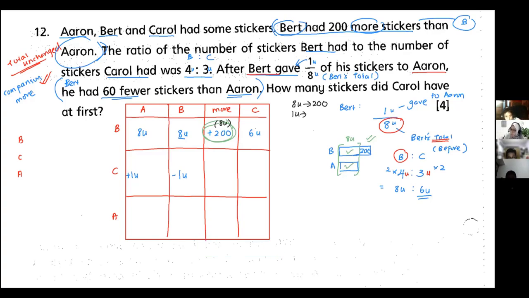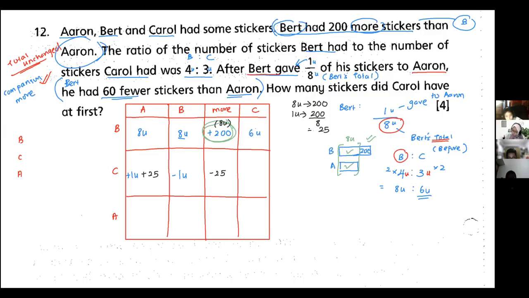1 unit is 200 divided by 8. That will give me 25. Okay, so which means from that 200, 25 was given to Aaron. So Aaron received 1 unit plus another 25. Okay, like that.